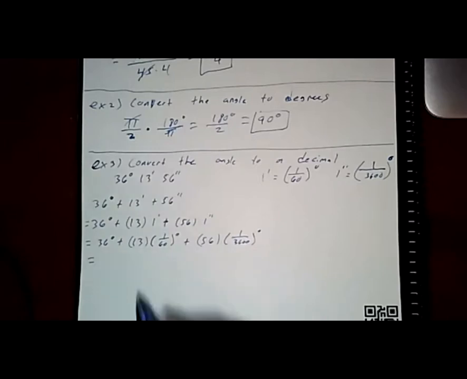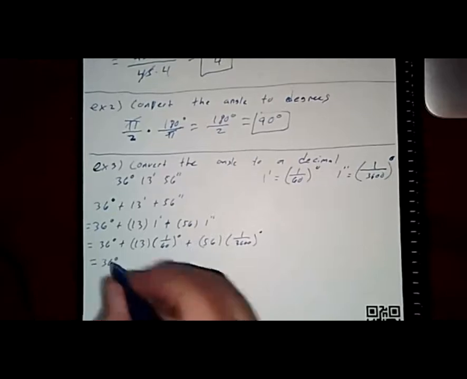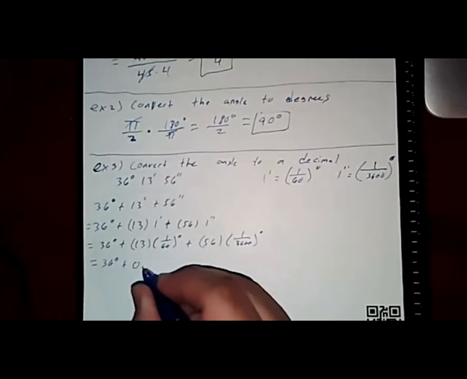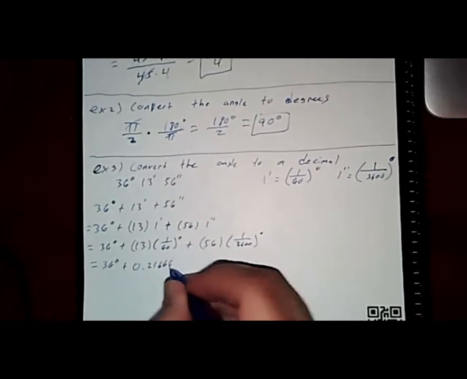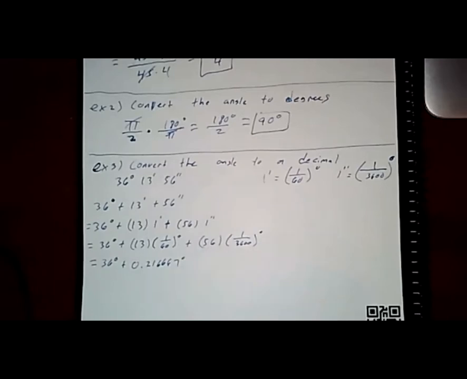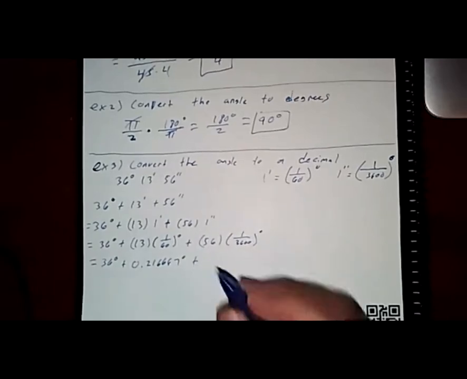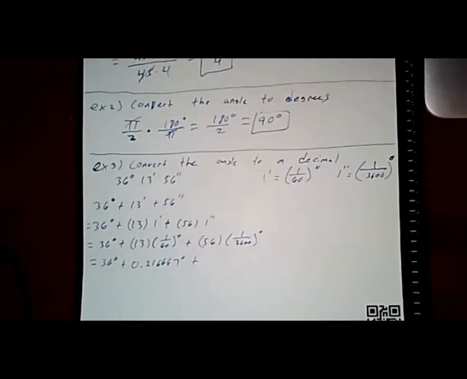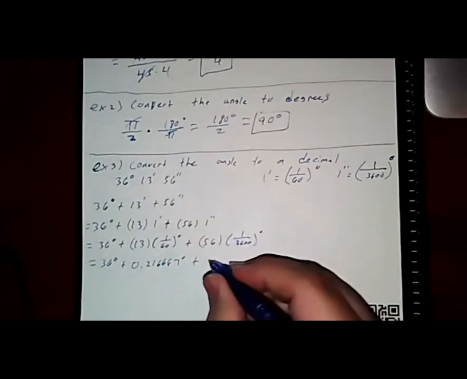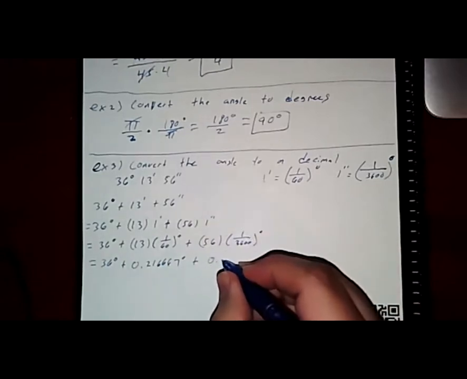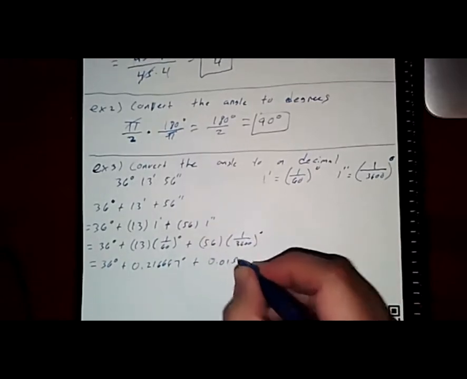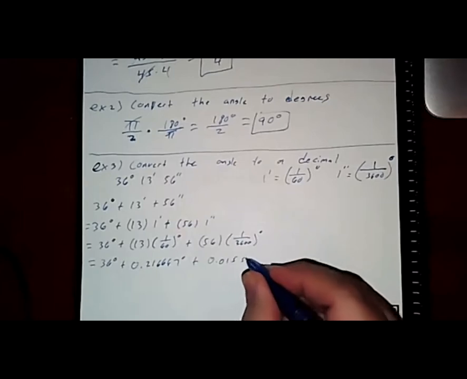So 36 degrees plus 0.21666, let's round it off here, 7. Plus this guy is 56 divided by 3600. That will be 0.0155.